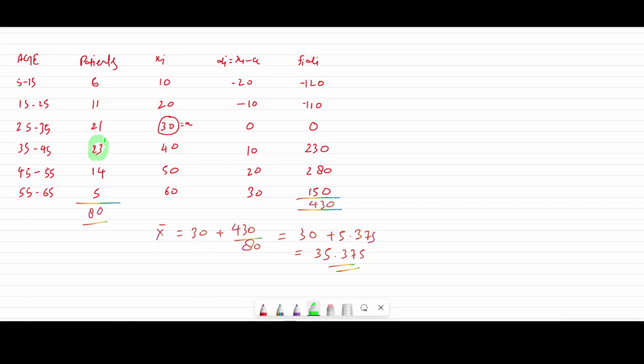Then the modal class for this maximum frequency is 35 to 45. This is the modal class. Now here this value will be the lower limit and this will be the upper limit, so we will have to take the lower limit.